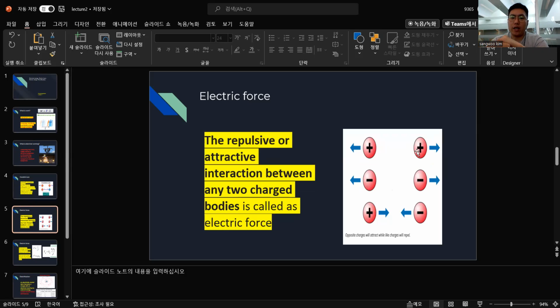So with this electric force, our electric stuff works, like a phone or TV. So based on electric force, it works. And now I could finish this concept, but we need to learn more about it. So let's go more, okay?